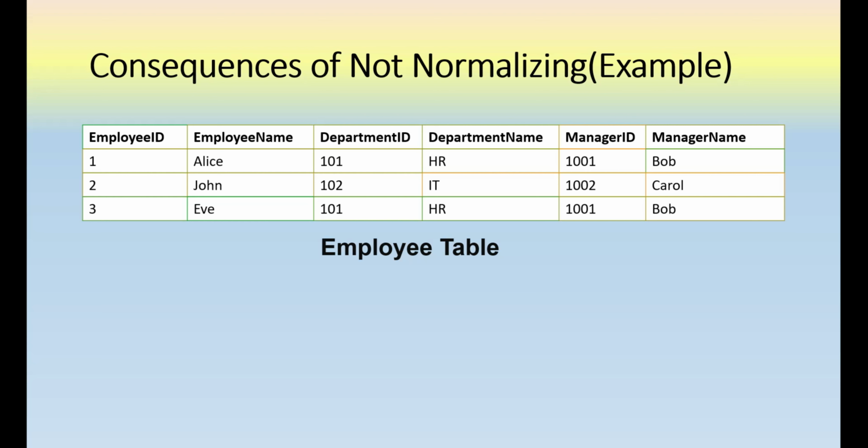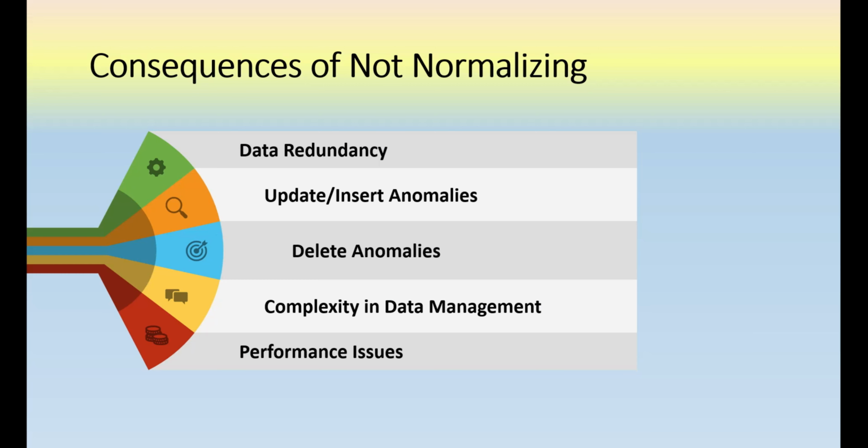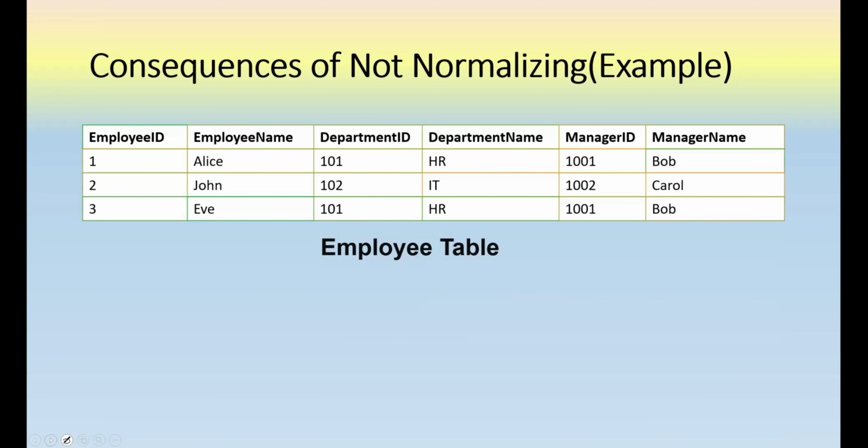And so, redundancy and inconsistencies, right? We will just go through the steps we saw in the previous video. First, redundancy. How can this lead to redundancy? You can take the department name and the manager name.